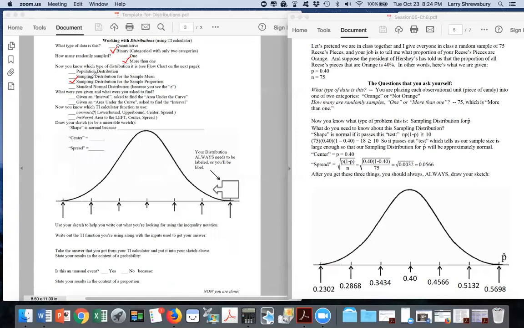Essentially, we were given an interval and asked to find the area under the curve, because the area under the curve is going to tell us the probability, which will tell us whether that's unusual or not. That's how I know we're going to be using normal CDF. Let's put a little p-hat here to remind ourselves: sampling distribution for the sample proportion. This is normal because n times p times 1 minus p.